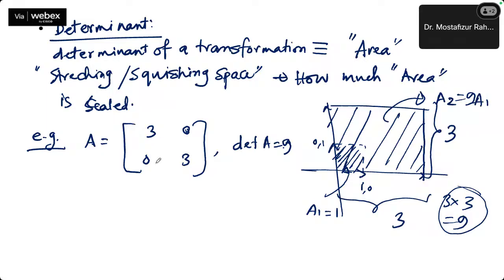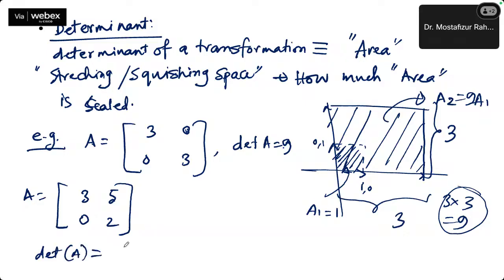Similarly, if you take a matrix A equal to, for example, [3, 5; 0, 2], right? So here you can see the determinant of A equals 6, right?